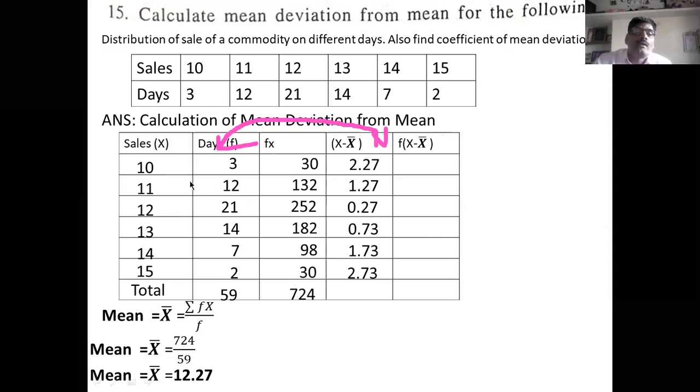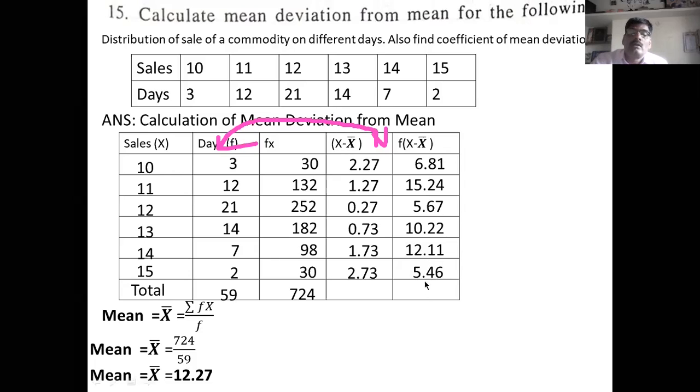You see here. 3 into 2.27, 6.81. 12 into 1.27. 21 into 0.27. 14 into 0.73. 7 into 1.73. 2 into 2.73. Like this, you take the multiplication. Then you take the total of this column. Total of this column is called summation f into x minus x bar.